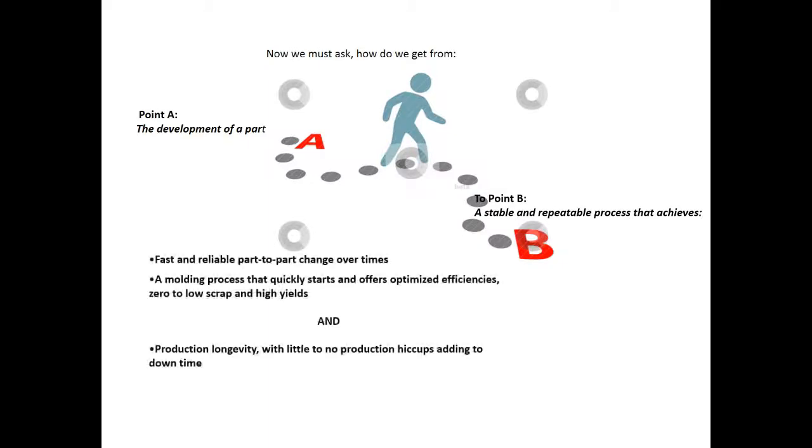And this is going to achieve fast and reliable part-to-part changeover times. We're going to have a molding process that quickly starts and offers optimized efficiencies, 0 to low scrap and high yields, and most importantly, production longevity. We want little to no production hiccups, adding to our downtime.